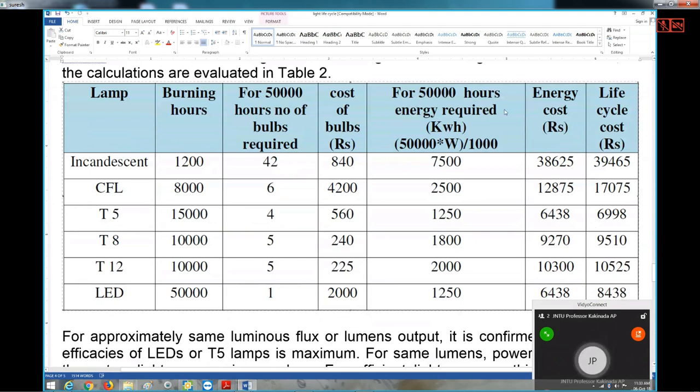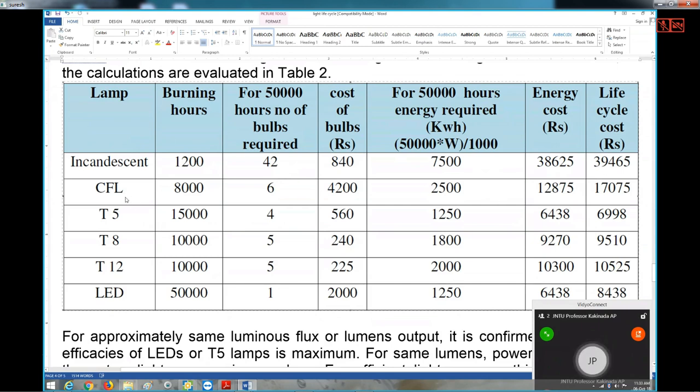And for 50,000 hours of energy consumption, the total energy required is 50,000 into watts divided by 1000. So this is 7,500 kilowatt hours. Then the energy cost is 38,625 rupees. So the life cycle cost of incandescent bulbs is 39,465 rupees.